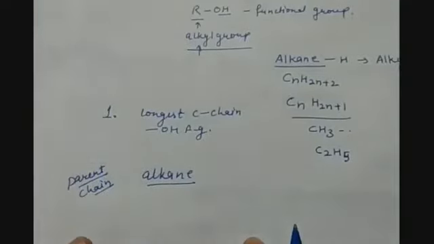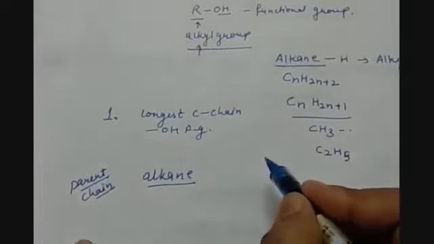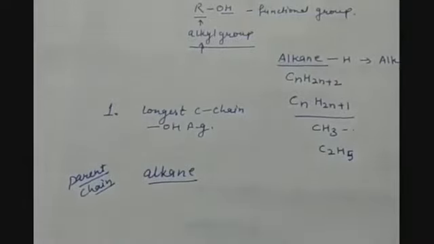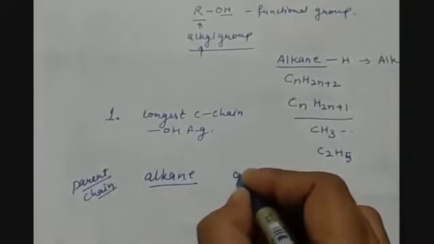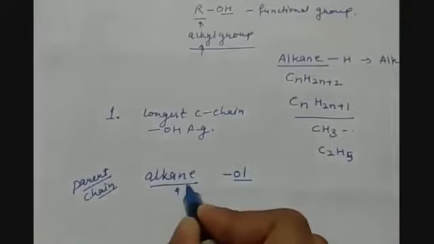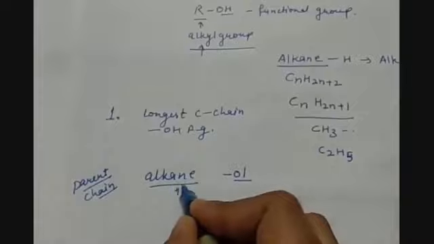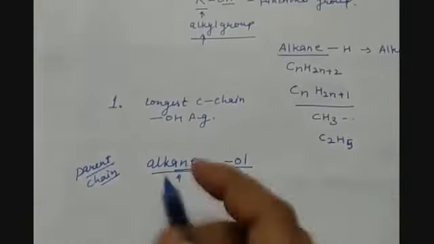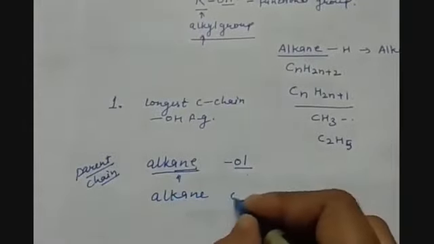Then we see the OH group. What is the suffix we use for the OH group? That is ol. So we add the secondary suffix to the parent chain. As there is no primary suffix included in the parent chain now, we name it alkane and ol.